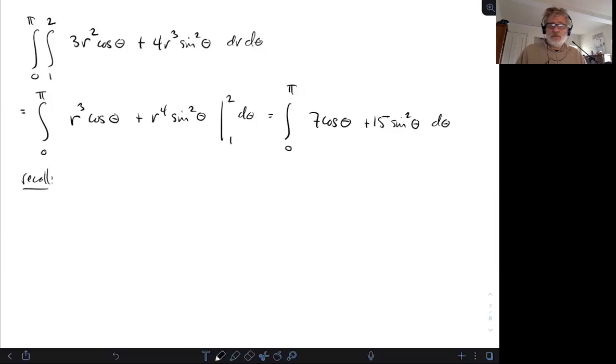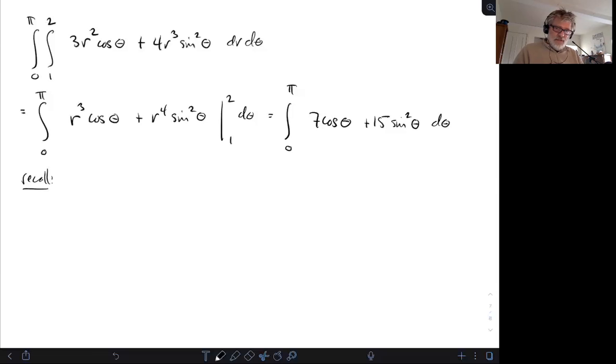If you have an odd power, that's pretty easy because you can factor out one of the factors and use it as your derivative and do a substitution. But if it's an even power, you have to use an identity, right?